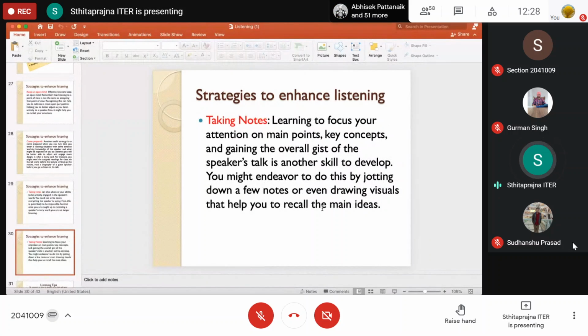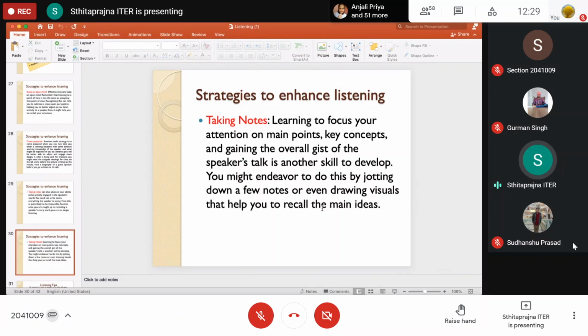So, learning to focus your attention on main points, yeah, this is what I've been telling you, key concepts, and gaining the overall gist of the speaker's talk is something you need to develop. And taking notes helps you in doing all this, because you're definitely going to write down the key idea, the key concepts, and mentally summarize what the speaker says.